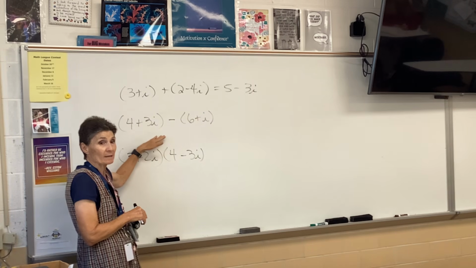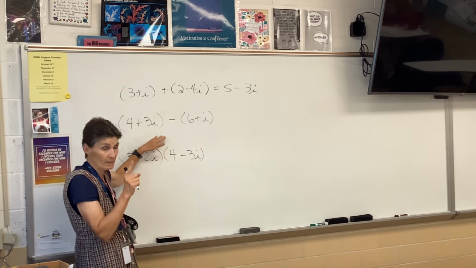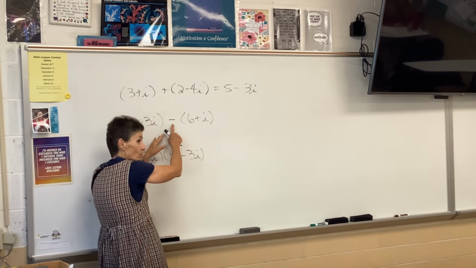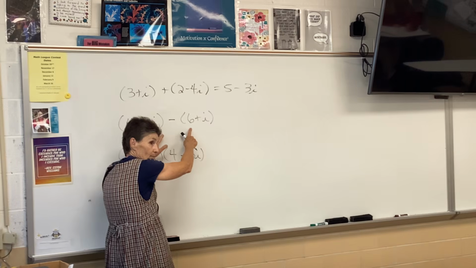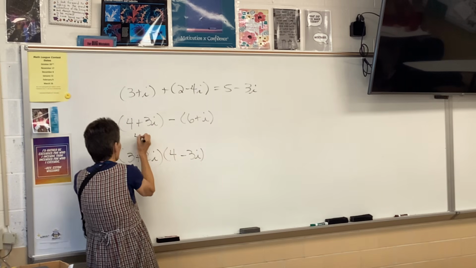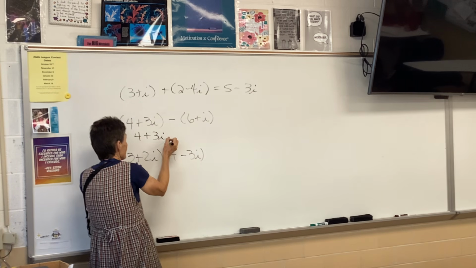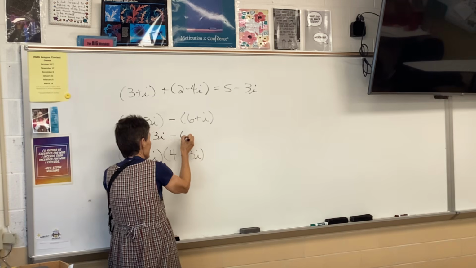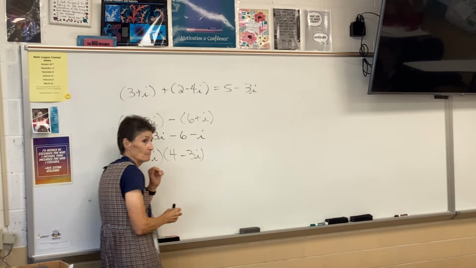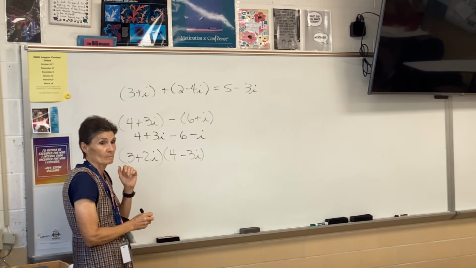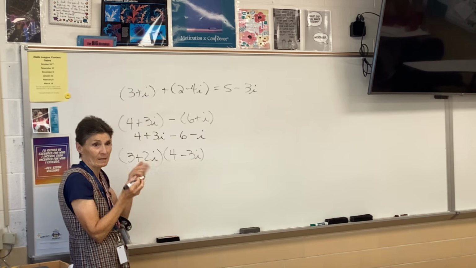This one's gonna be exactly the same thing, only we have to remember to distribute the negative. So we're gonna have 4 plus 3i minus 6 minus i. And then we combine like terms.